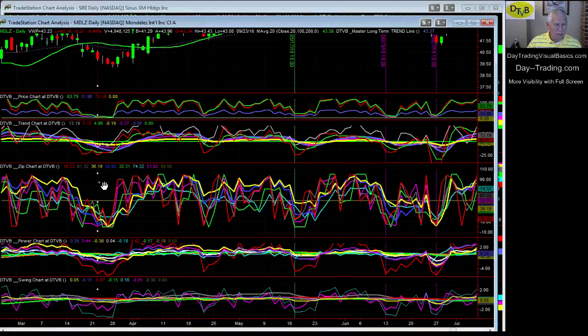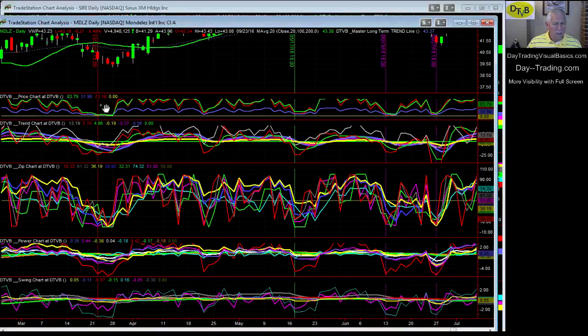In this particular example, where we think we have a low, we're in a right leg W on the trend red, and on the power red and the zip Zion we're on the first day.